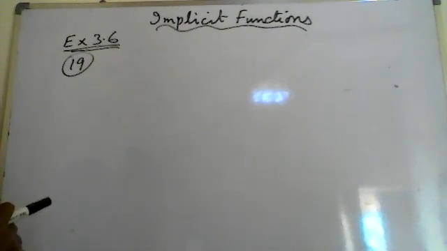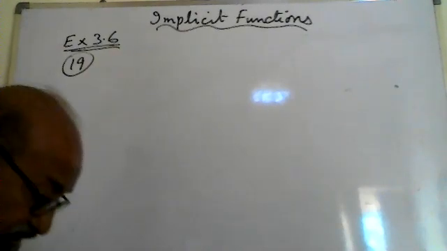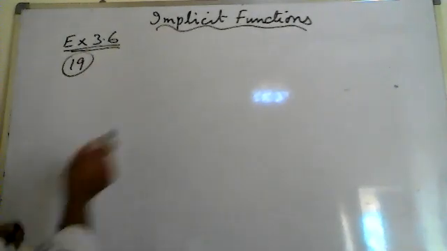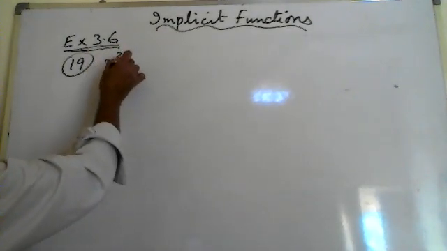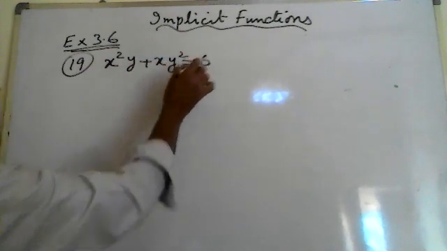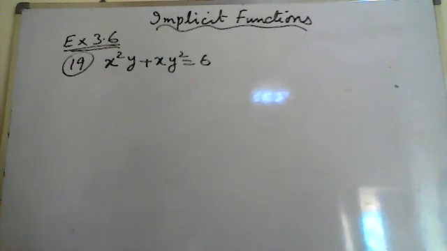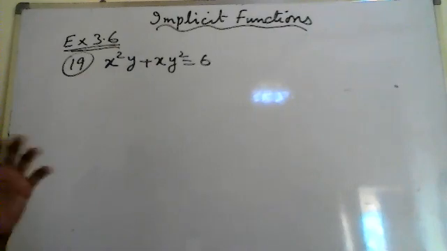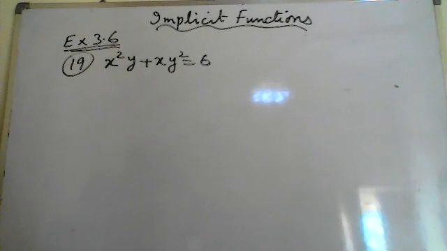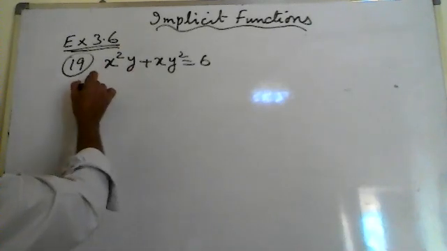Question number 19 is x square y plus xy square is equal to 6. So this is not y is equal to some function of x. This is a function of x and y. They are together. So we have to find dy upon dx. So we will differentiate with respect to x.